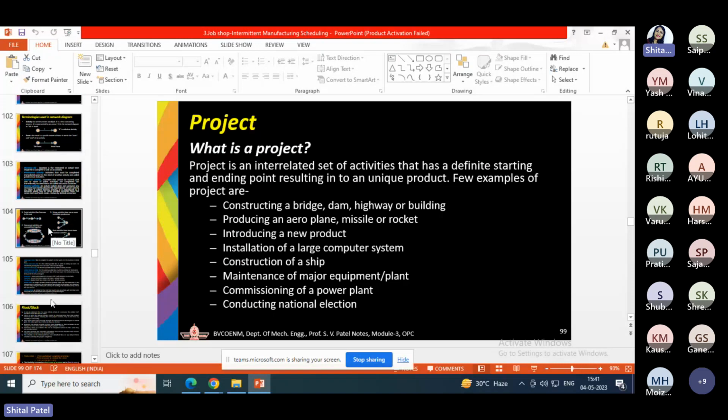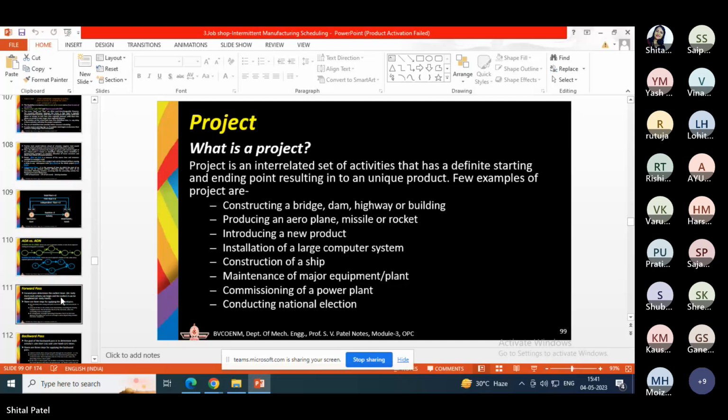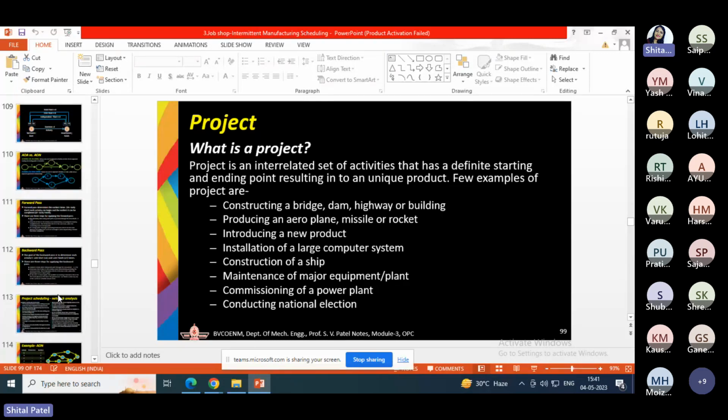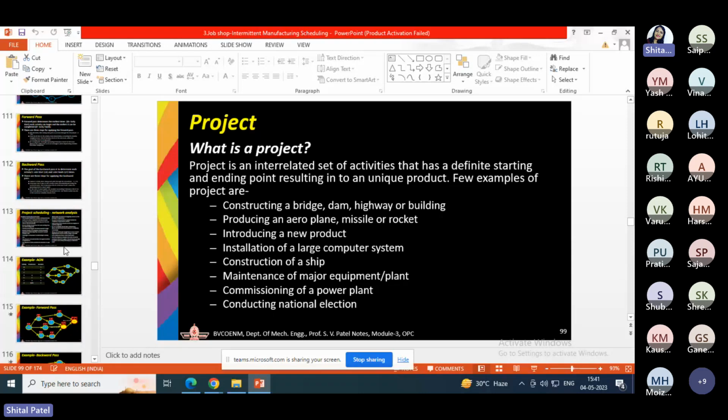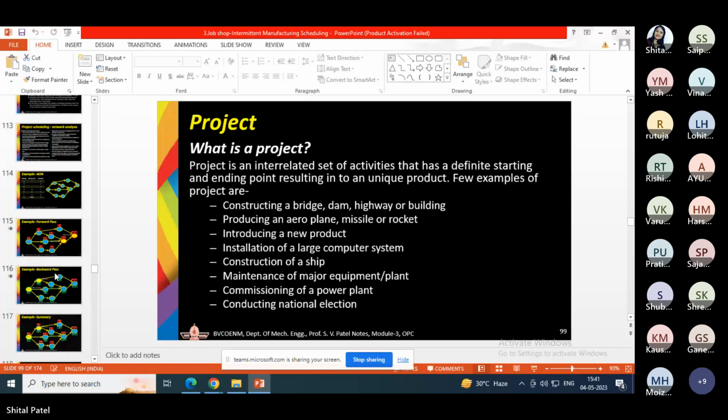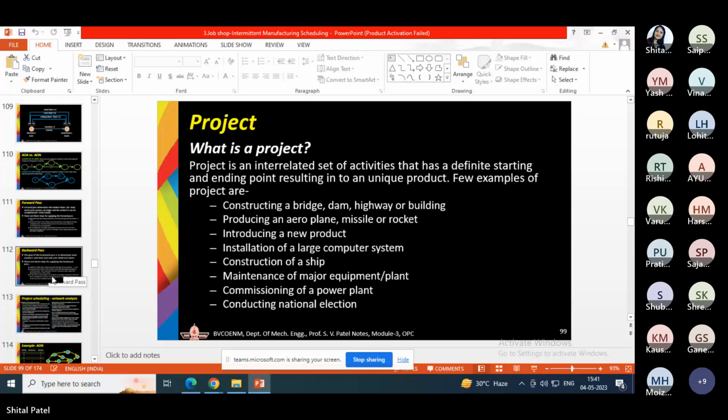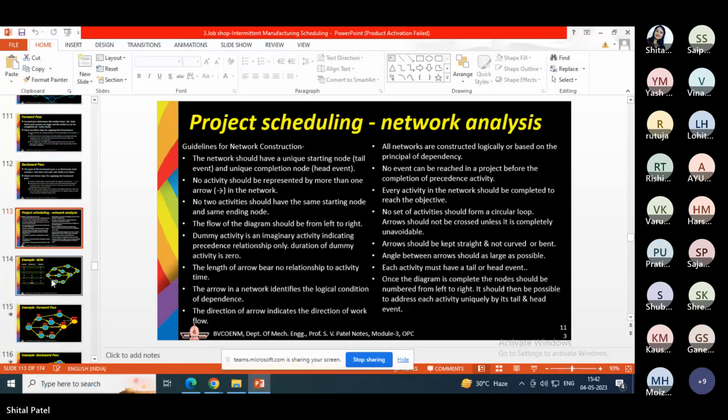So I guess you all know about the network diagram that we did previously. Say yes or no? Yes, ma'am. Okay. So we know the forward pass and backward pass, right? Yes, ma'am.